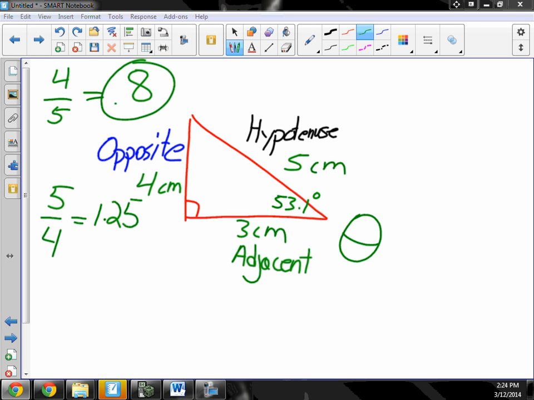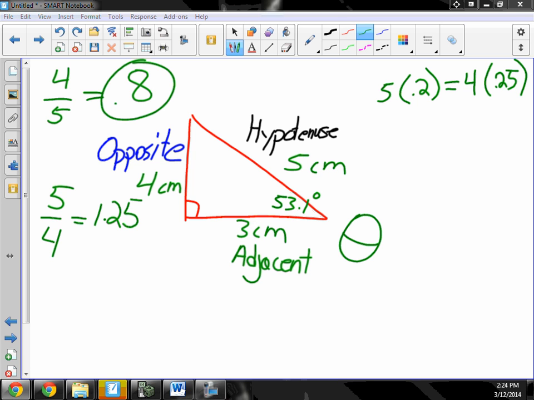The opposite is shorter than the hypotenuse, right? So 20% of the hypotenuse is exactly the same thing as 25% of the opposite. So 5 times 0.2 is equal to 4 times 0.25.